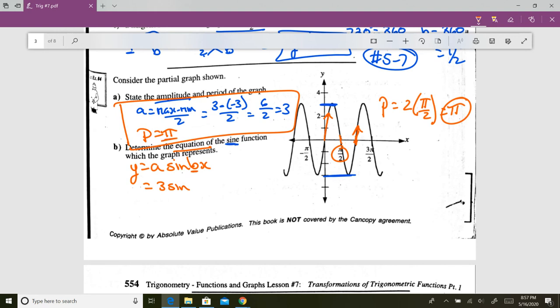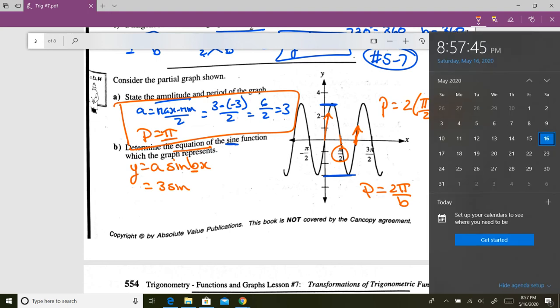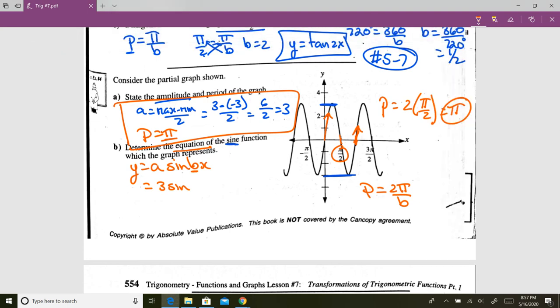So remember, formula, period is equal to 2 pi over B. So period is pi. Pi is equal to 2 pi over B. So B is equal to 2 pi over pi is equal to 2. 3 sine 2x.